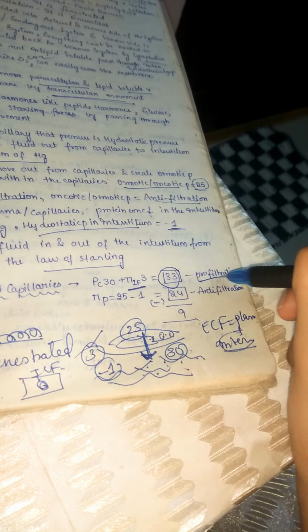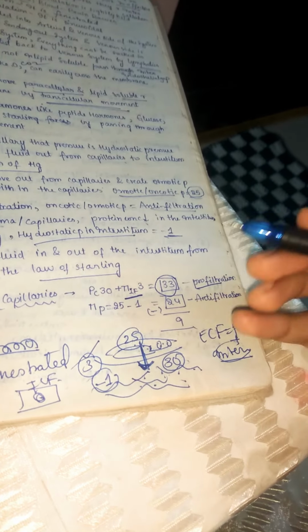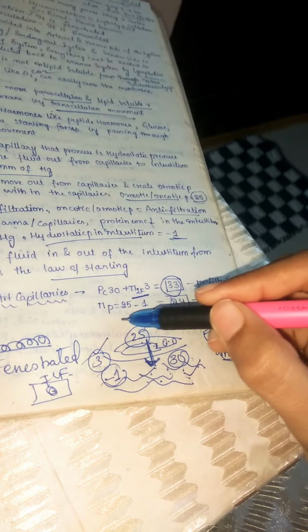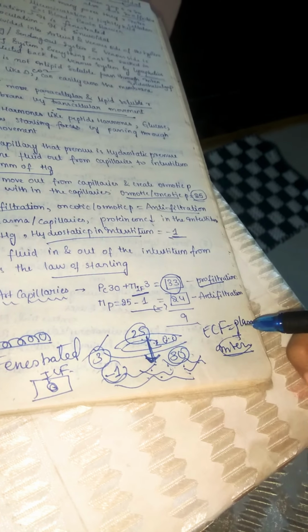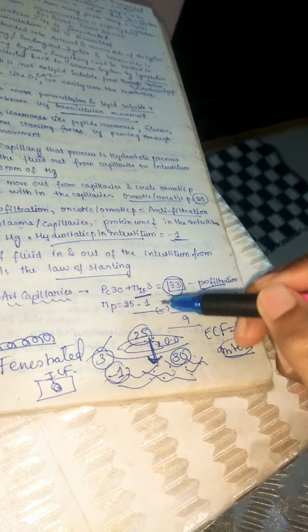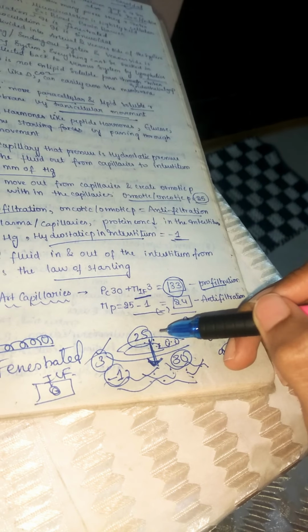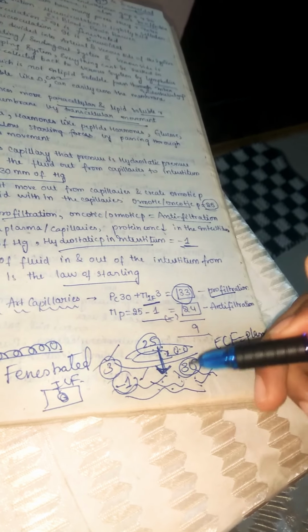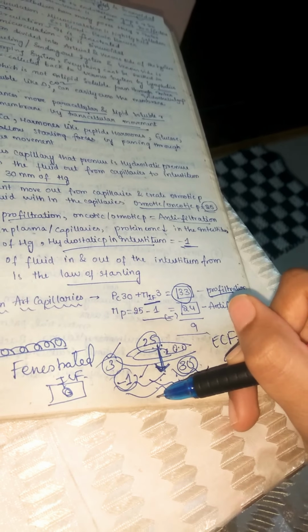So 33 is the profiltrate, which says that the fluid should now come into the interstitium, and the antifiltrates are 25, that is the capillary oncotic pressure, and -1 is the hydrostatic pressure of the interstitial space.